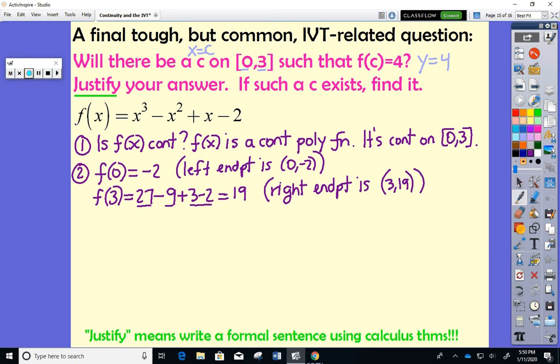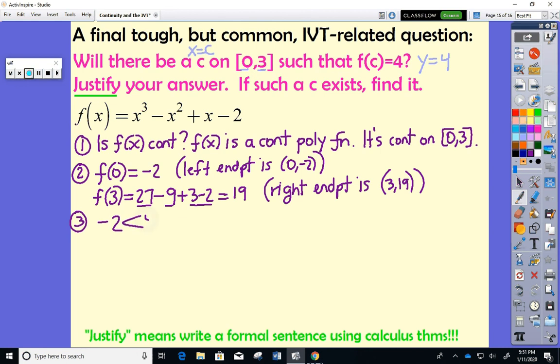All right, so what else do we need to satisfy? Well, it doesn't matter if the y value that we're wondering about doesn't fall between the two y values of the endpoints, then it's a no-go. We'll notice that negative 2 is your lowest y value.